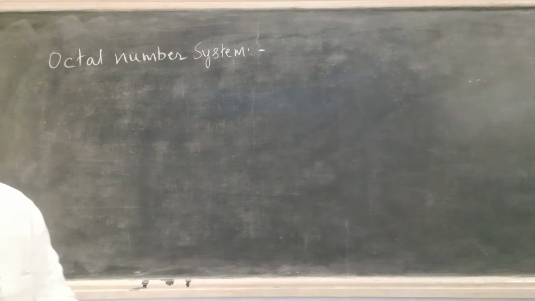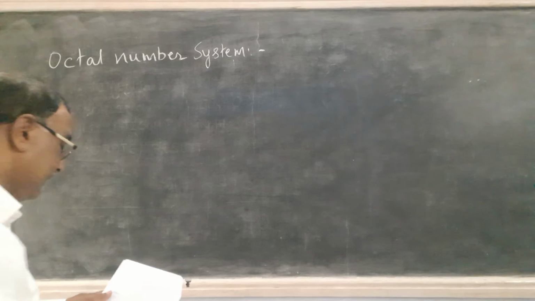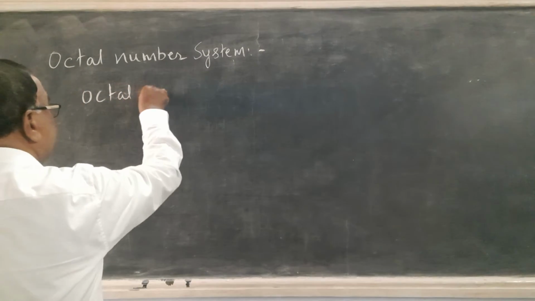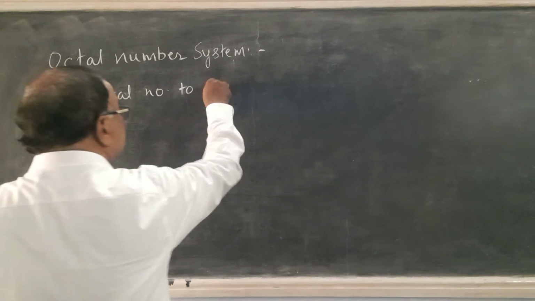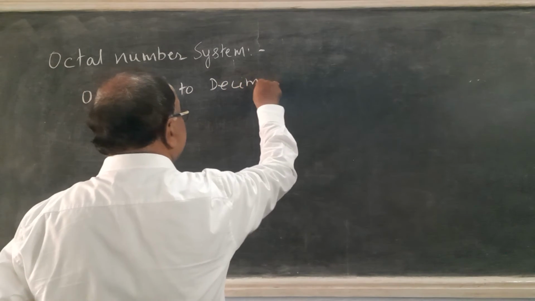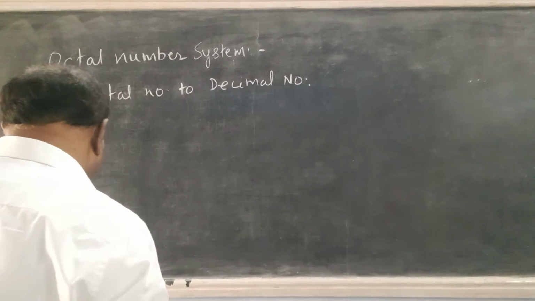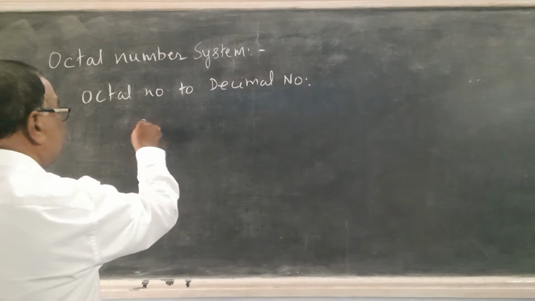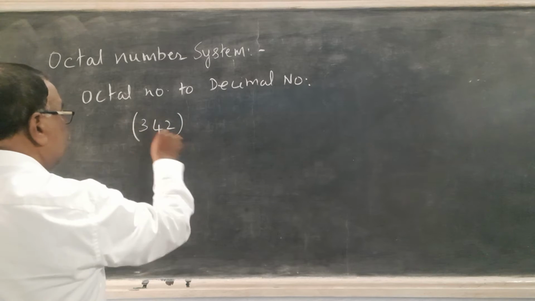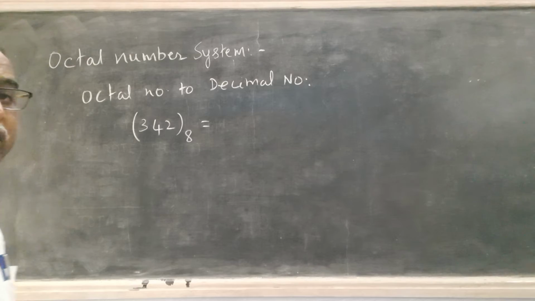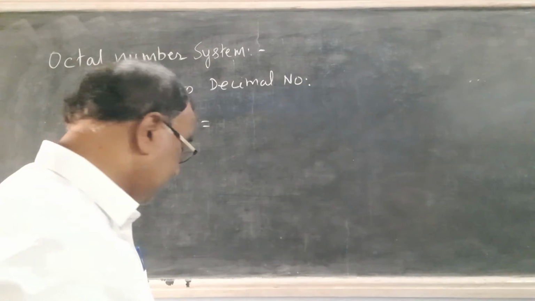Let us consider one example: convert an octal number to a decimal number. Say there is an octal number 342. How to convert it into a decimal number?